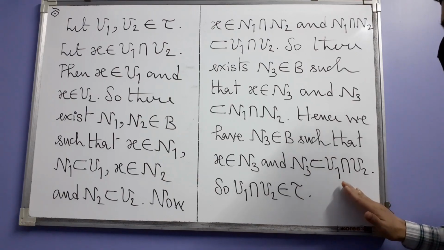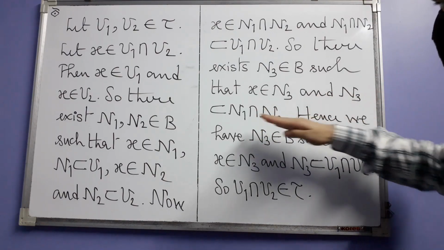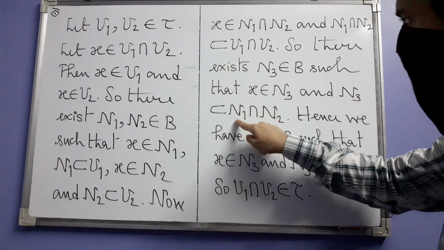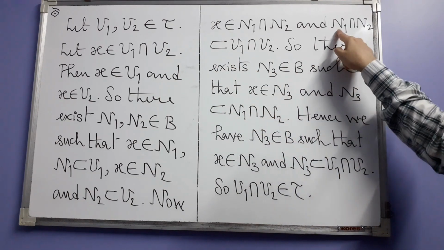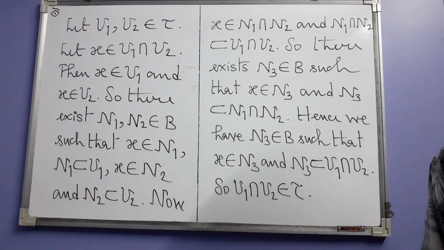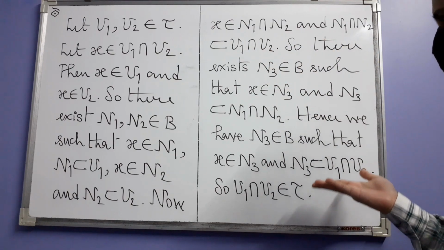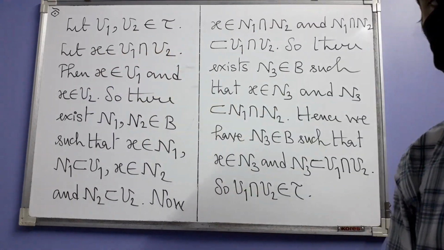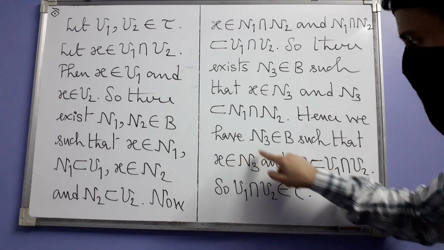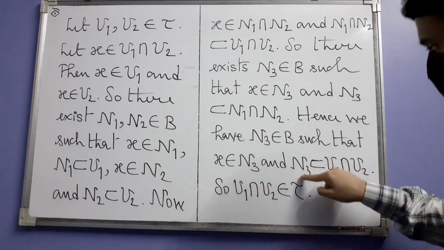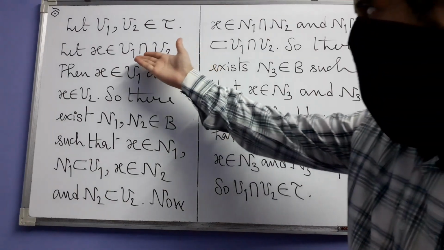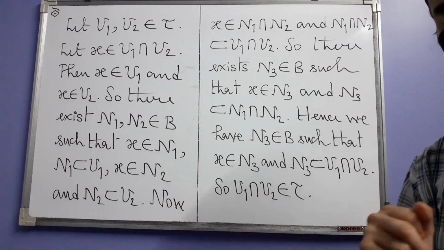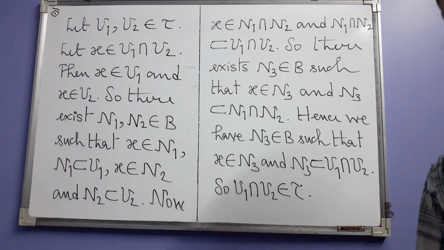How are we concluding this? Using this containment and this containment: N3 is contained in N1 intersection N2, which itself is contained in U1 intersection U2. So any point chosen from this intersection is inside a basis element, and that basis element is entirely contained in this set. So our condition is true for U1 intersection U2, and as such it belongs to tau.